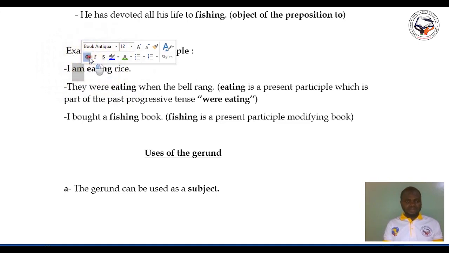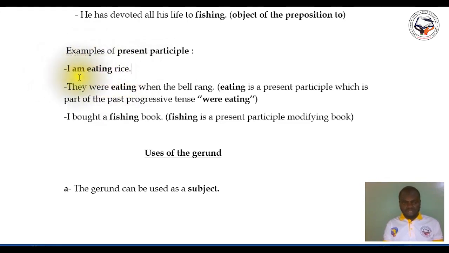I am eating something. I am eating rice. I am eating here is the present progressive or present continuous. That is the auxiliary to be conjugated into the simple present plus the verb eat, to which I add ing. So I am eating rice. When you see I am eating here, it is different from the fishing here.